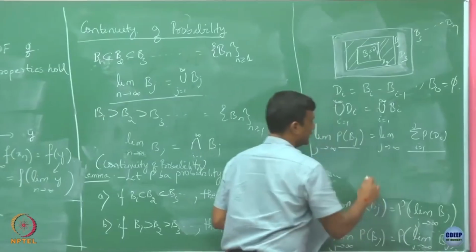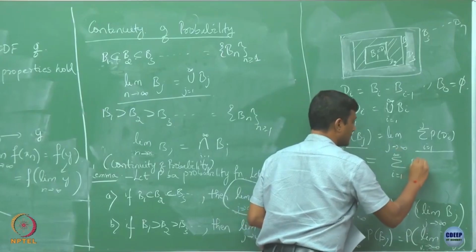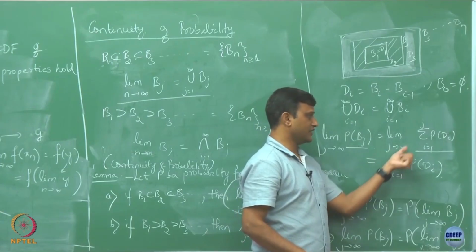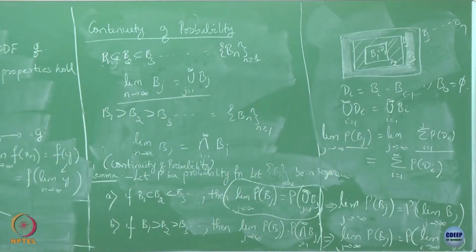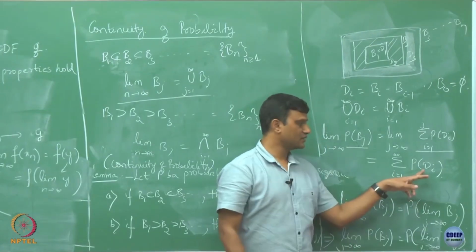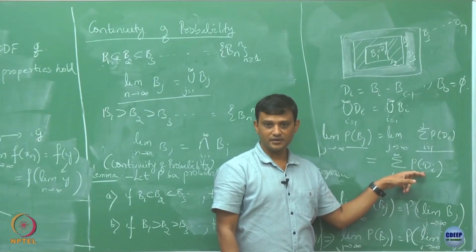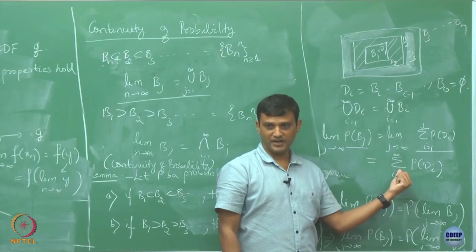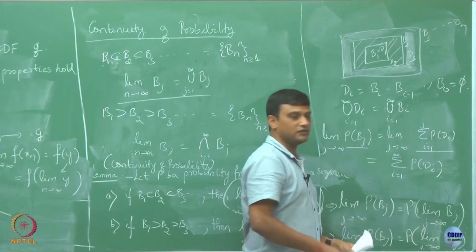Okay. So now by definition this is nothing but the sum from i equals 1 to infinity of P of Di. I am just letting j go to infinity, taking the upper limit to be infinity, that was the definition. And now I know that these Di's are disjoint, right? Now what property can I exploit here, if I want to write it as just one probability instead of the summation of the probabilities? Probability of union of Di.